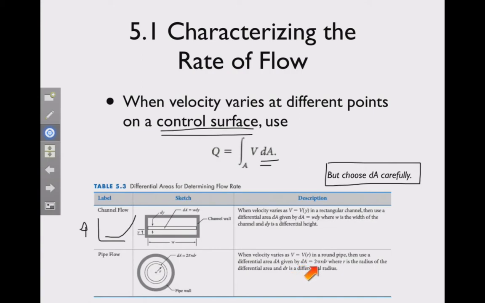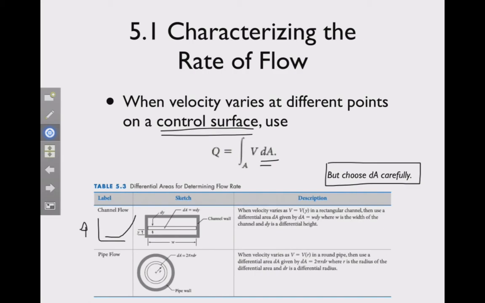So we have the circumference, 2 pi times the radius, times dr, which is the thickness of this little annular ring, and we would integrate that differential element from 0 to the pipe wall. And r is the radius of the differential area element, and dr is the differential radius right here.